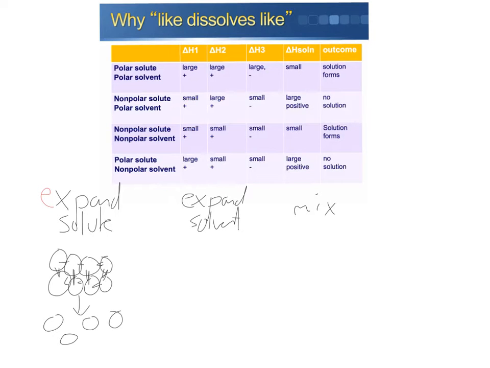The same is true for the solvent. If we have water molecules, they're all connected. If we want the salt molecules to go in between those water molecules, we need to actually spread them out a little bit.